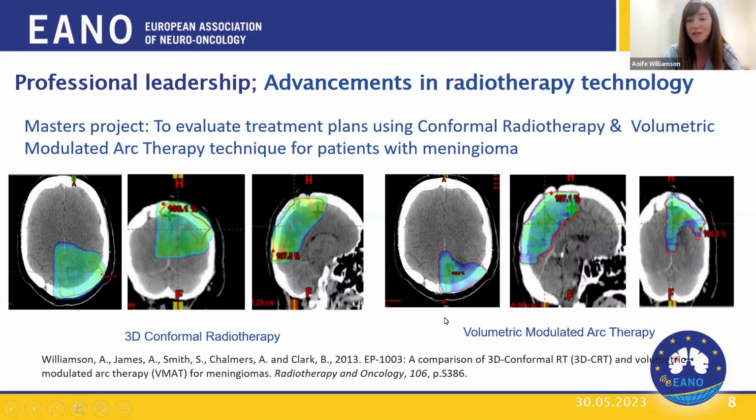But when we implemented volumetric modulated arc therapy, which is a new type of radiotherapy treatment planning and delivery technology, you can see that the target volume with our high dose area is much more conformal. And again, when you look at our sagittal and our coronal images, you can see that the dose conforms nicely to the target volume, and that high dose area is no longer in the normal brain.